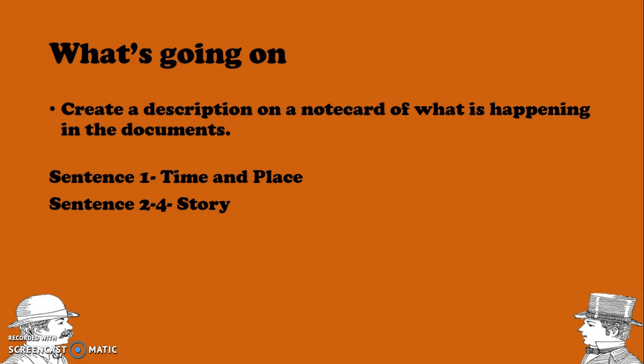Also, you have to include a place. Where did this happen? Your map should come in handy for that. And just give an overall statement about what happened. And then in sentences 2, 3, and 4, you're going to tell the story. What's going on?